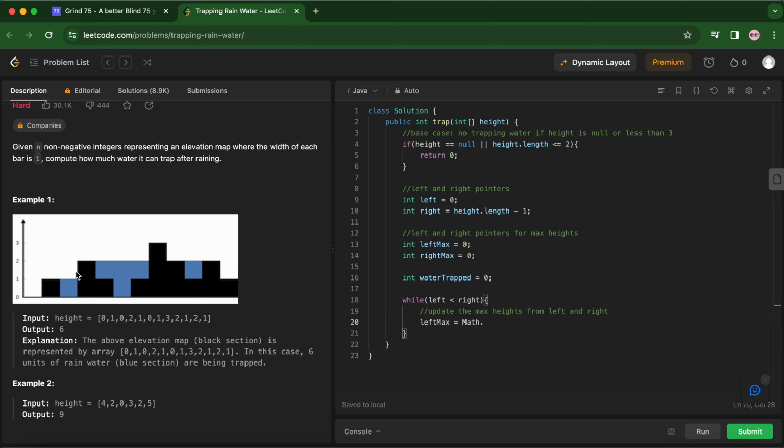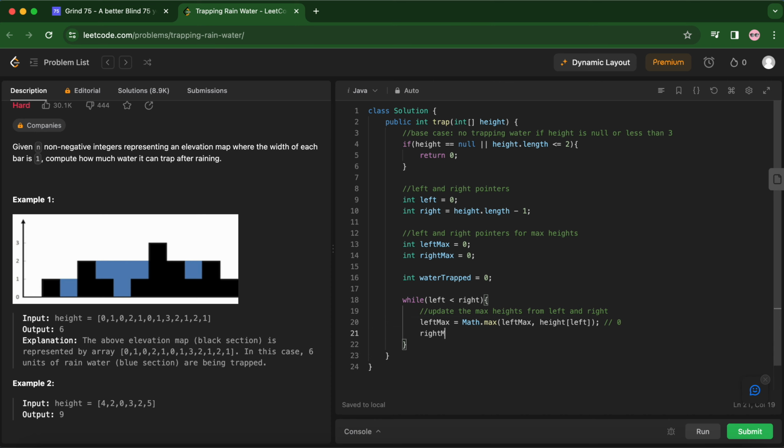Each time we find a bigger height on the left side, we'll keep updating it. So we'll say Math.max of the original value, that is leftMax, or height[left], right? Since the first is 0, and leftMax was earlier 0 as well, we'll get the initial leftMax as 0.